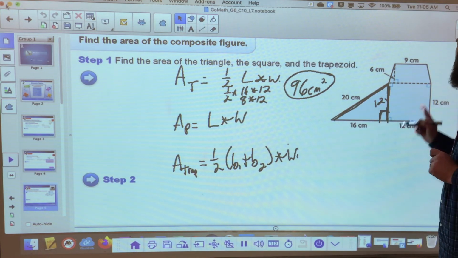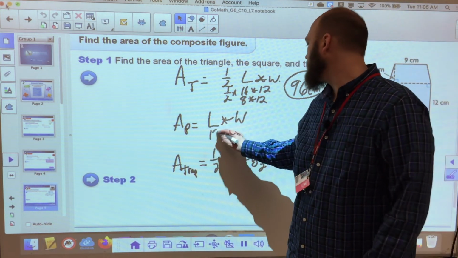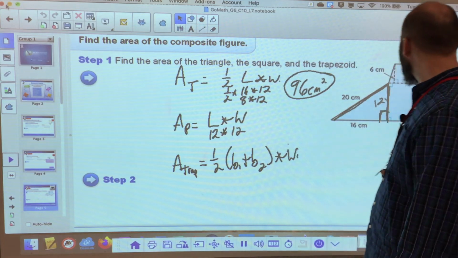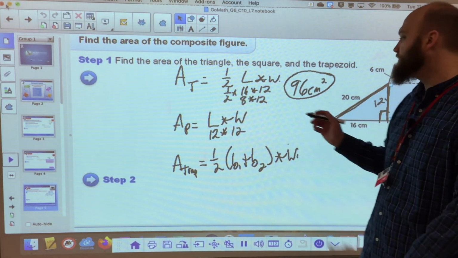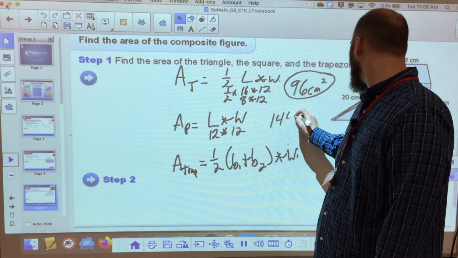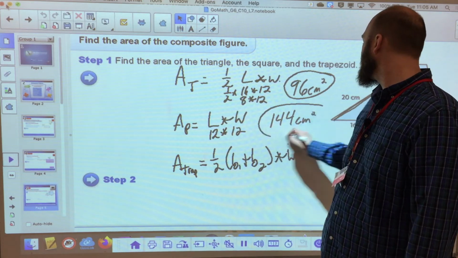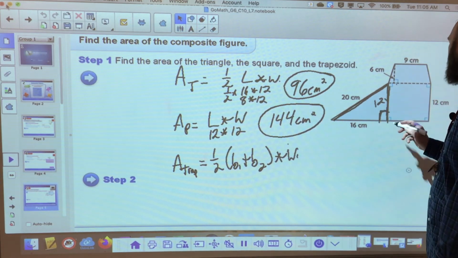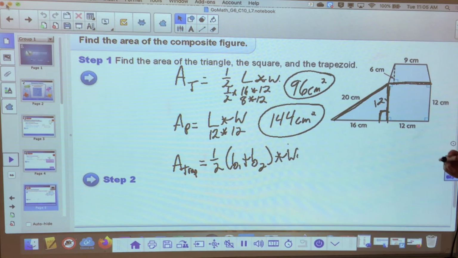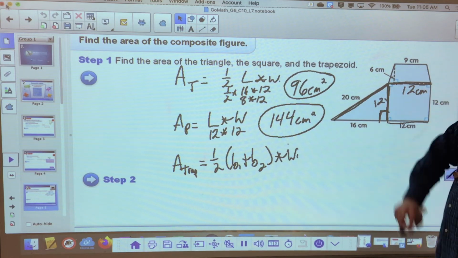I've got it. Over here, this is 12 times 12. This right here is my parallelogram. 12 times 12 is 144 centimeters squared. And then my trapezoid, I don't have a bottom for my trapezoid. I don't have a base 1. But I do down here because I know that if this bottom one is 12 centimeters, so is this top one.